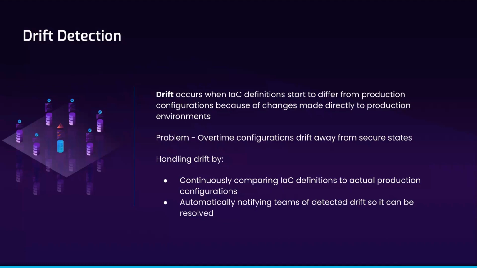And then automatically notifying the teams of the detected drift so it can be resolved, notifying through your Slack or through any other means, in order to address that and resolve this drift as quickly as possible.